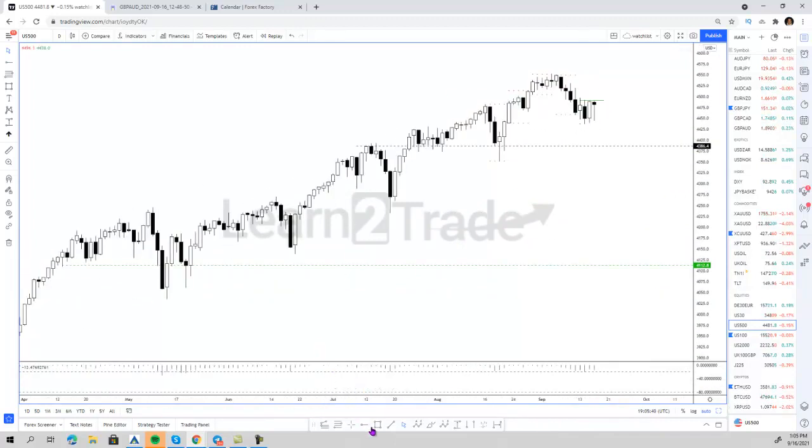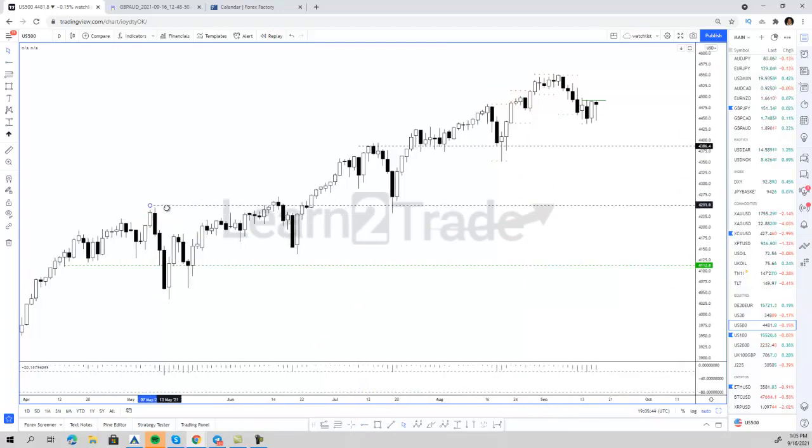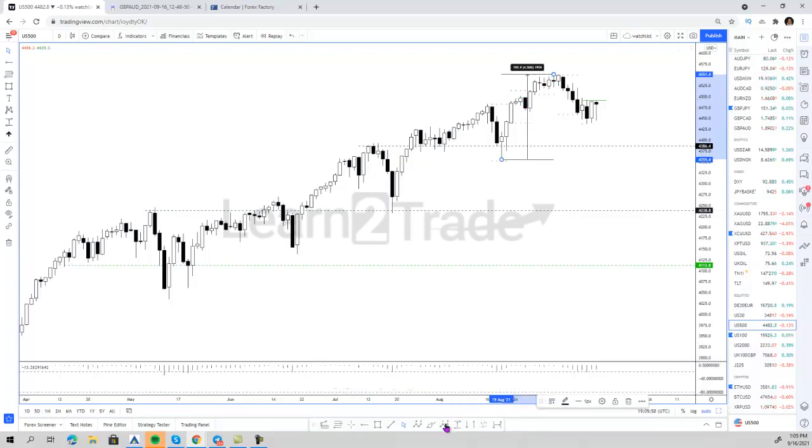Now, this level was broken on May 7th, and as you can see, we had the retest. Then this level was broken on July 26th, and we had the retest and a surge of about 4.5%, and from low to high on this breakout we had a 6% move, right?